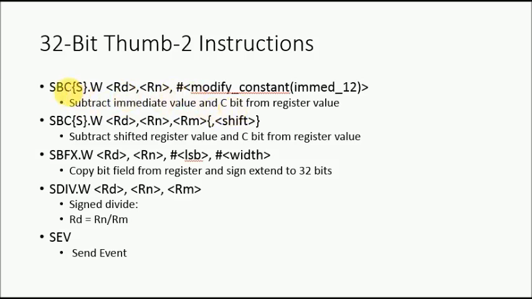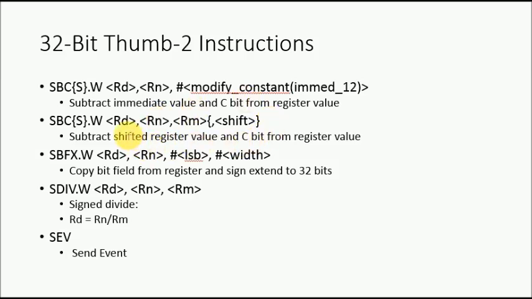The carry bit is also used in this subtraction, and the result will be transferred into Rd. Here the content of Rm is shifted to the left by the specified number, and it will be subtracted from the register Rn, and the data will be stored into Rd.